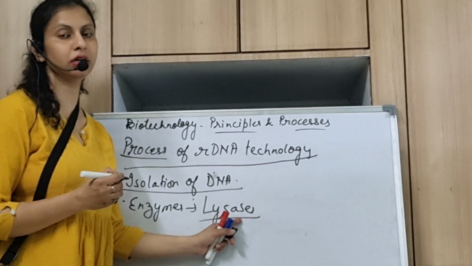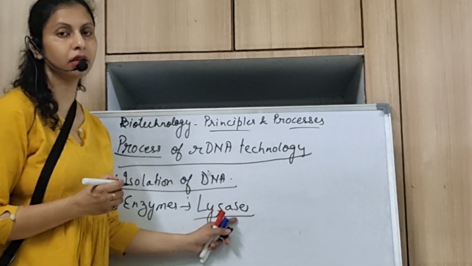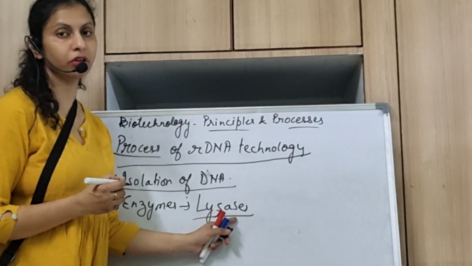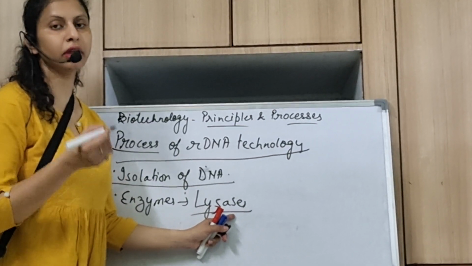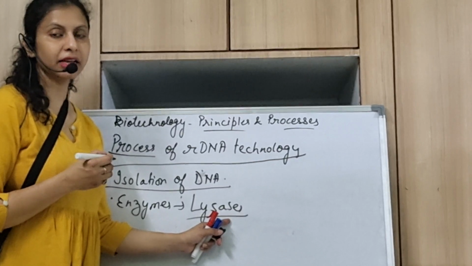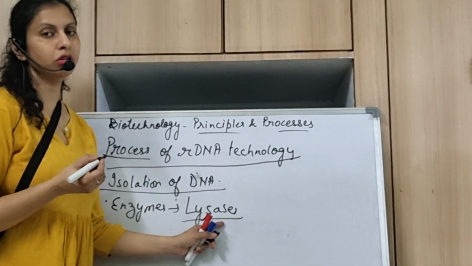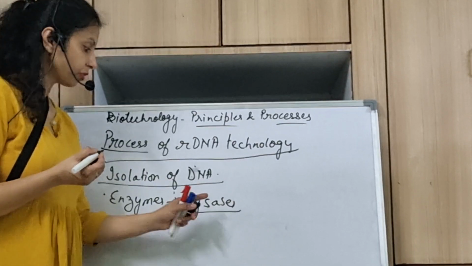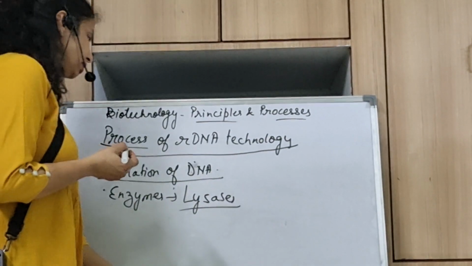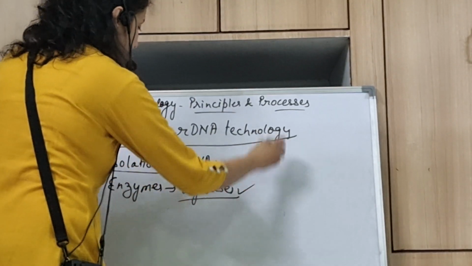Like for fungus we use chitinase, for bacterial cell we use lysozyme, for plant cell we use cellulase, for animal cell there is no cell wall, so we use protease, lipase directly. So various lysases enzymes will break the cell wall.